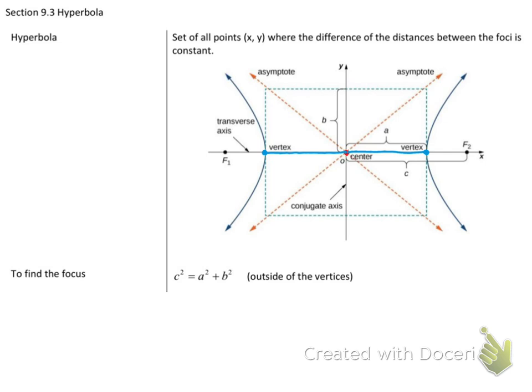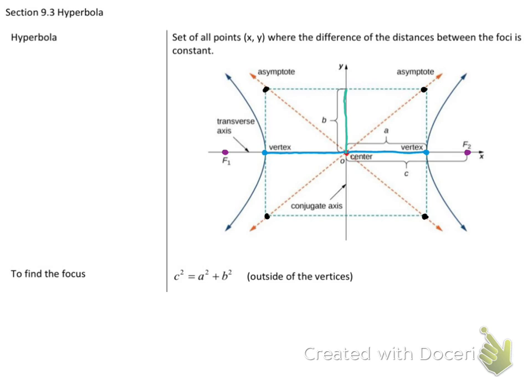There are no co-vertices here. We don't have that, but we do have that distance of a to get to the vertex. Then we still have our foci. Notice the foci this time are further away from the center, so we're going to keep that in mind. We also still have this distance of b, but in this case, when we use a and b, this distance here gives us this point up in that corner, all of these corners of this box.